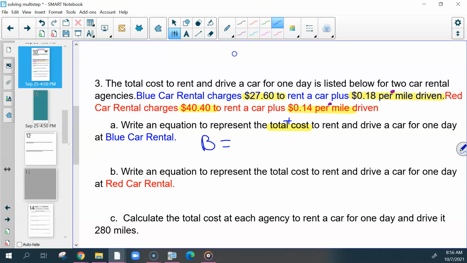For the Blue Car Rental, we don't know what the actual total is right now, so we're just going to keep the parts together. We would have 27.60 plus our 0.18 per mile. We don't know how many miles were driven, so we need to define a variable for something we don't know. We can say M is the number of miles driven.